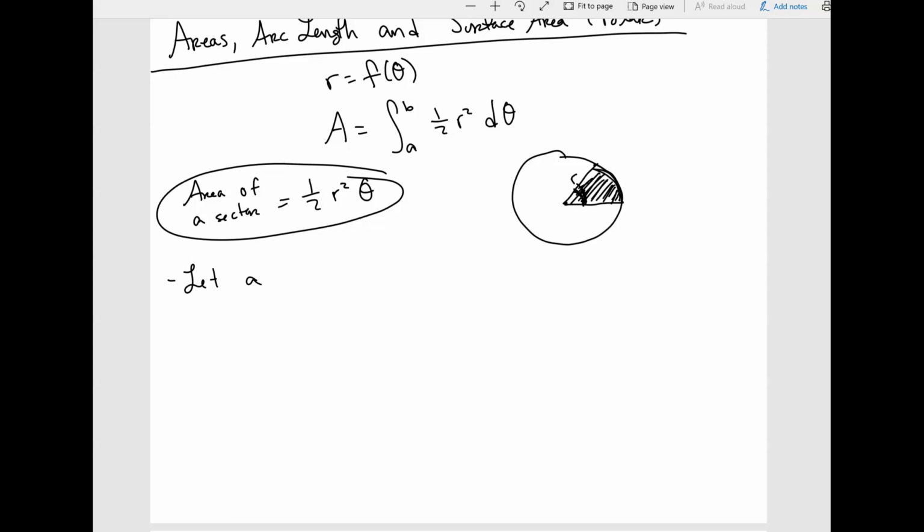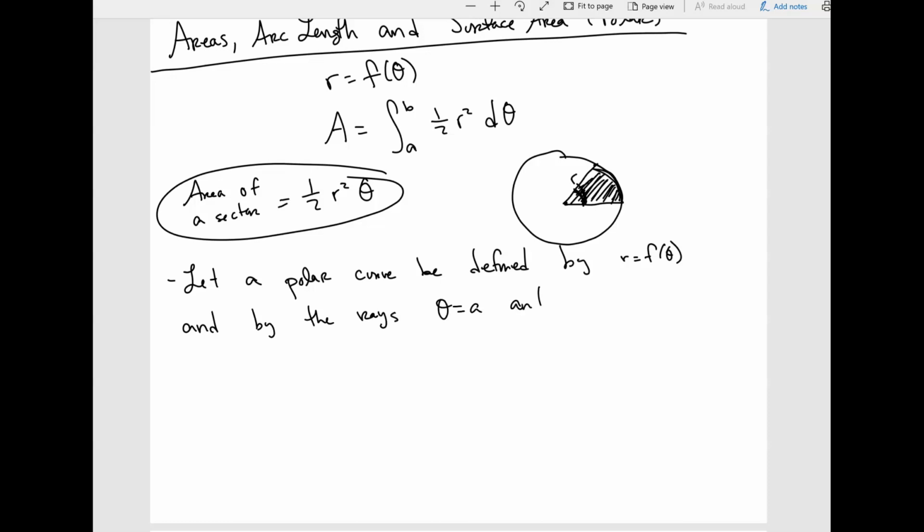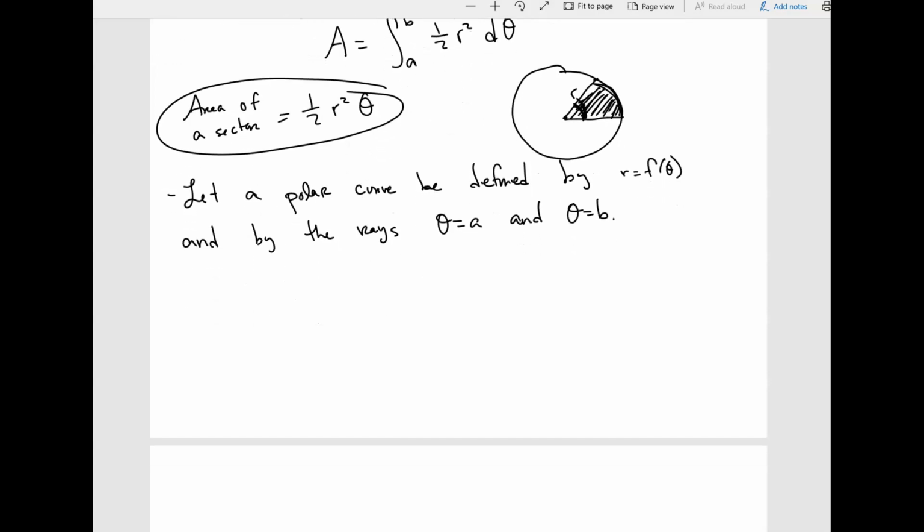Let a polar curve be defined by r equals f of theta, and by the rays theta equals a and theta equals b. Let's say we had something that looked like that.